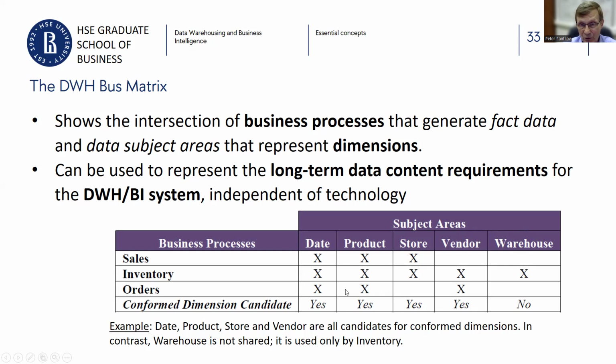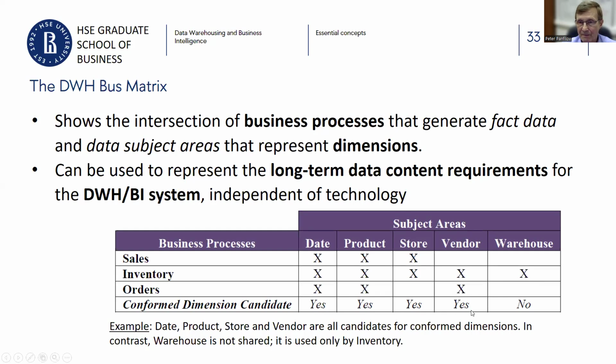Other processes don't need any information from the warehouse in this particular example. And this is why warehouse data is not a conformed dimension. So you see the conformed dimensions here: date, product, store, and vendor data.